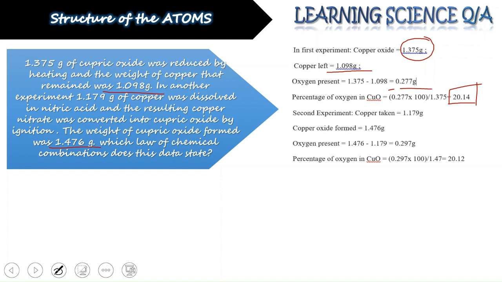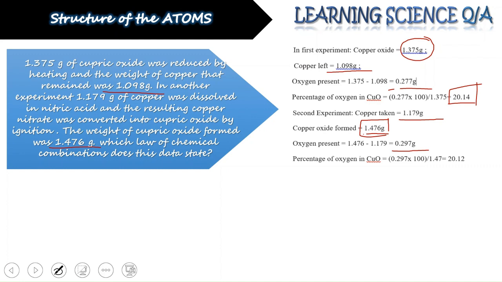Now we have another method also in which the total copper oxide is 1.476 gram, and the copper which was taken for making this copper oxide was around 1.179 gram. Now the oxygen present in this copper oxide is around 0.297 gram.